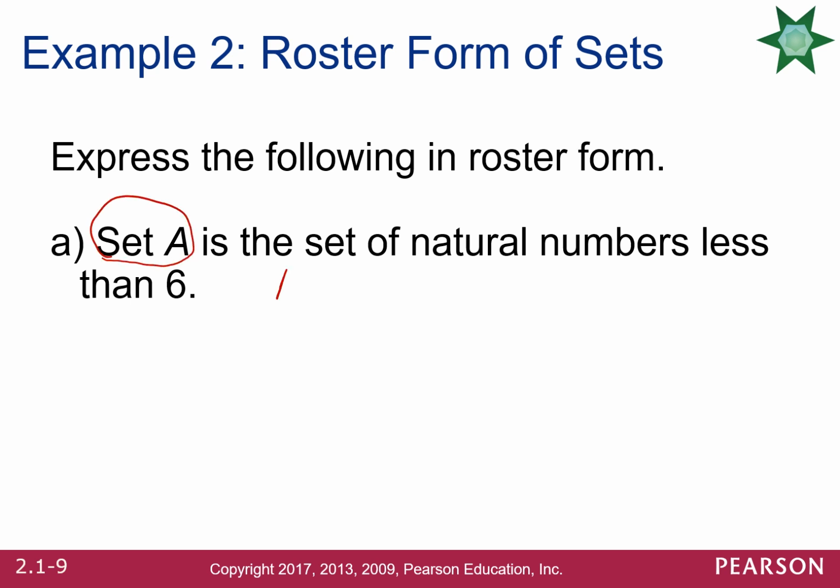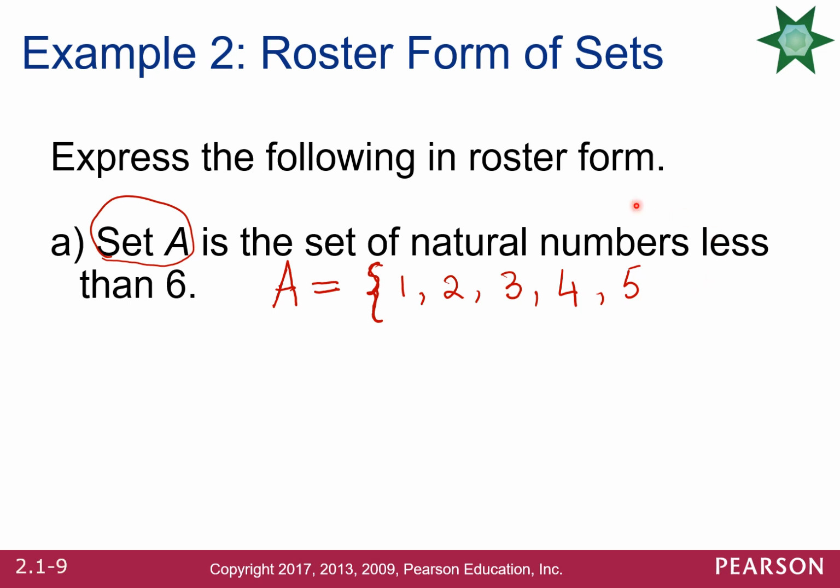So we are going to write a capital A on the left, then put an equal sign, and then we are going to list the elements of the set, but we first have to write an open brace here, and then we will list the numbers 1, 2, 3, 4, 5, and each of these numbers should be separated by a comma.